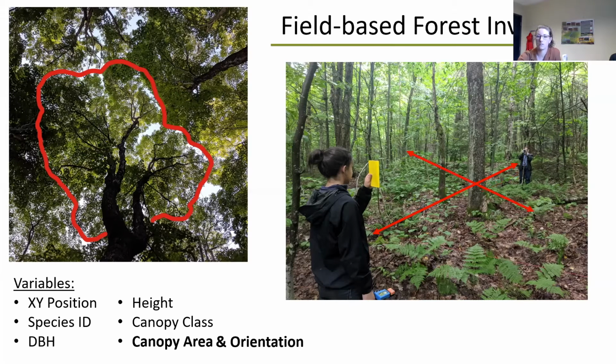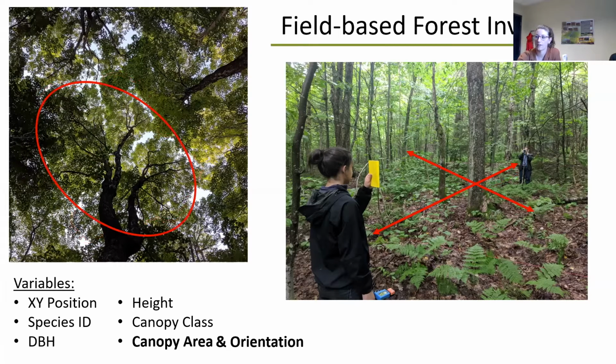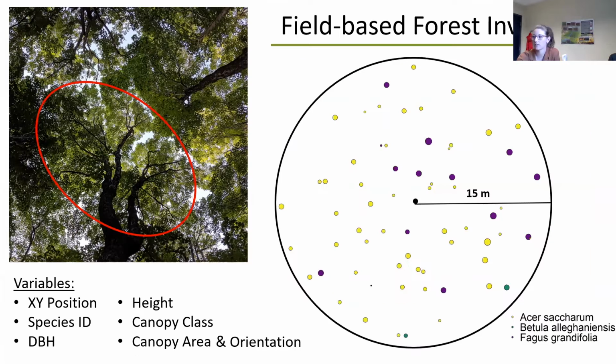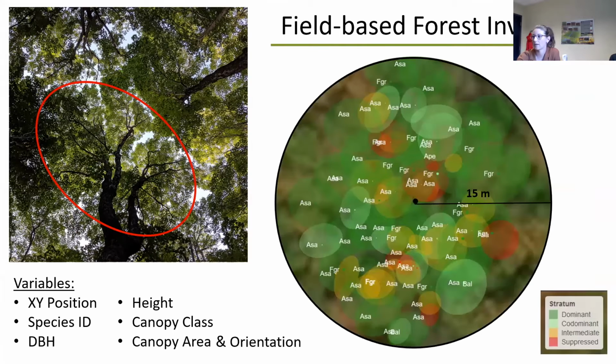And then we took the perpendicular measurement. Taken together, the crown canopies can be modeled as ellipses. And because we measured the orientation in relation to the trunk, we can then map the canopies of each forest inventory plot.